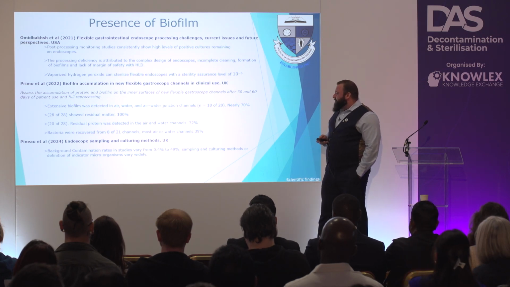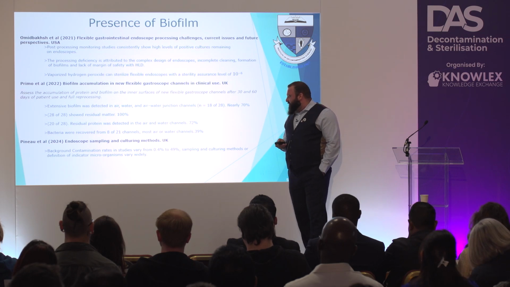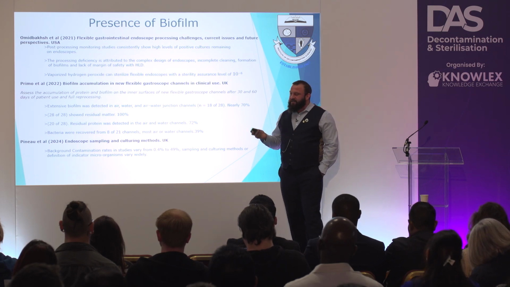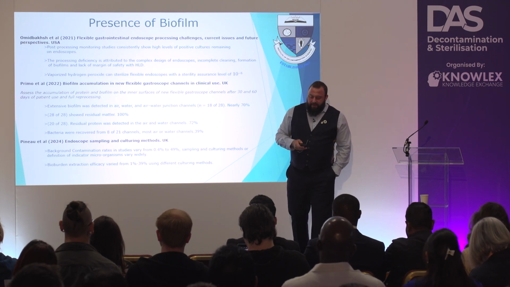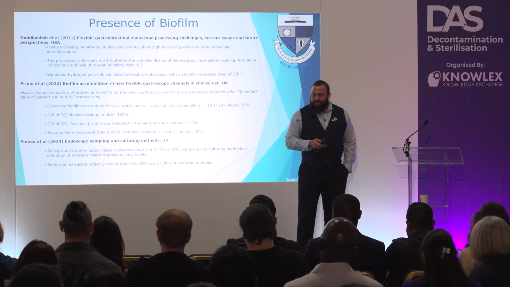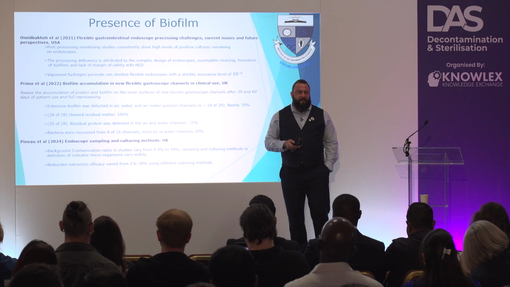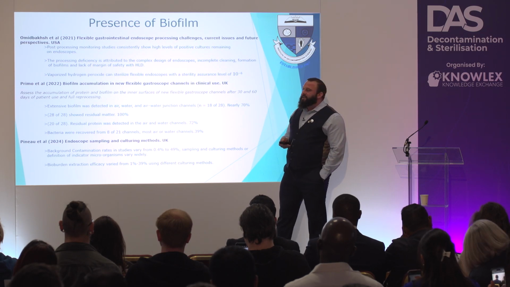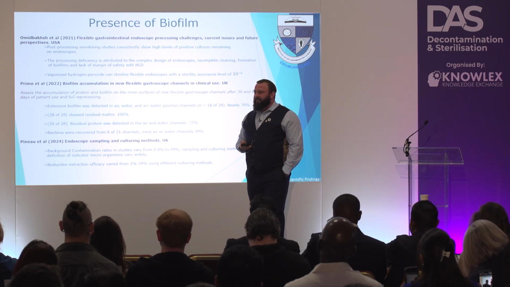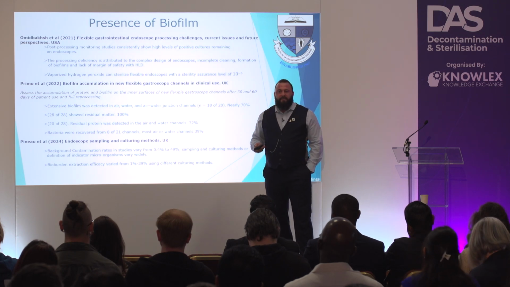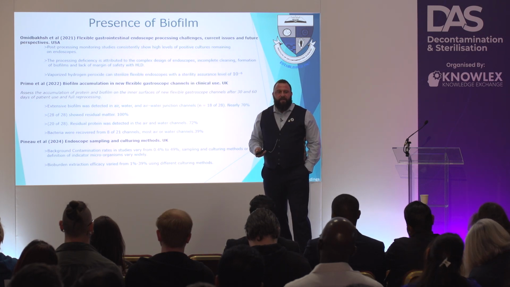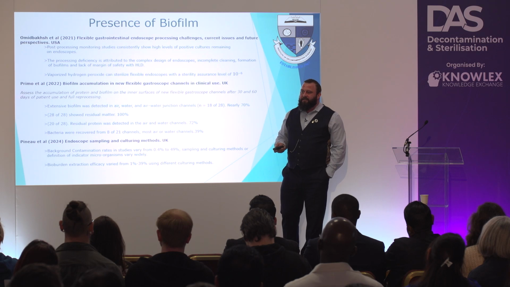Sampling and culturing methods and the definition of indicated organisms vary widely. And this is the issue with sampling for biofilms. Bioburden extraction efficacy varied from 1 to 39% using different culturing methods. So the current sampling that we have for biofilms varies between 1% and 39%. So even if we're getting something, it's potentially only 39% accurate.